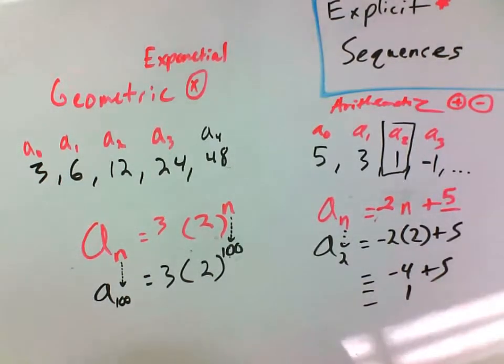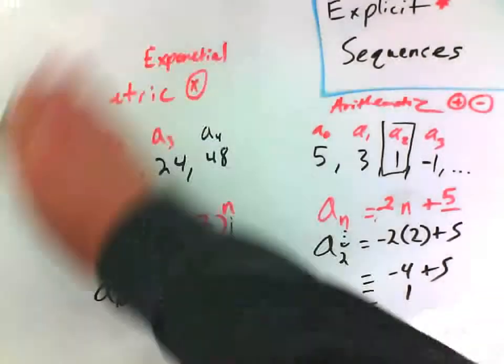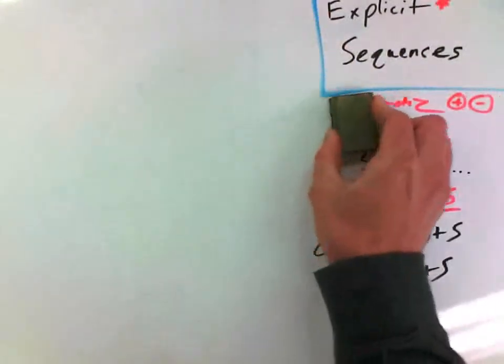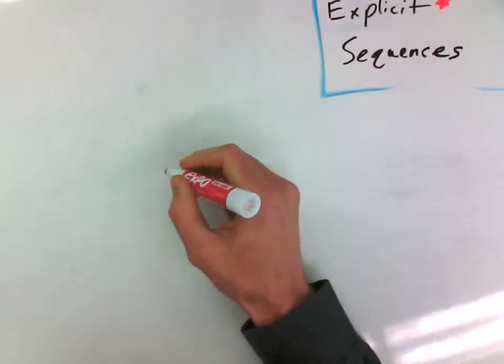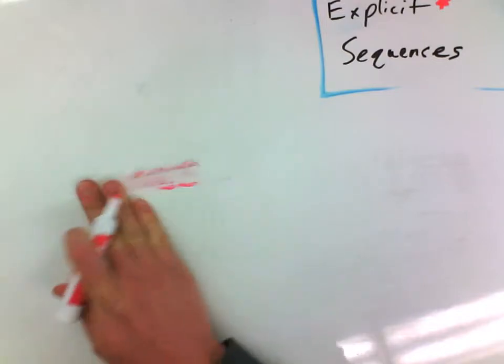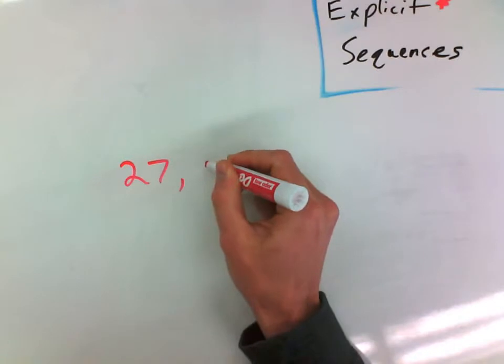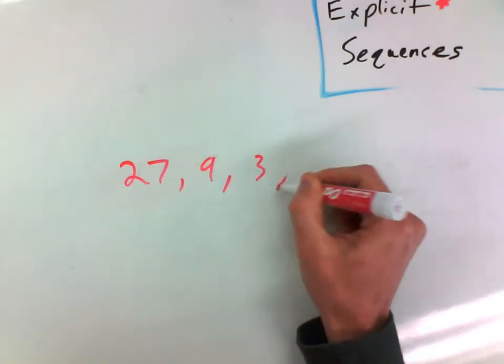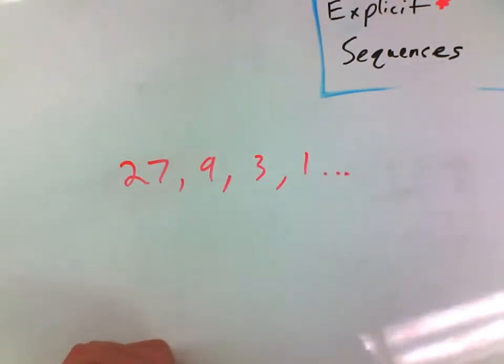One that needs a little bit more explanation is maybe you have a function like this, right? Let's actually do this one. Okay.